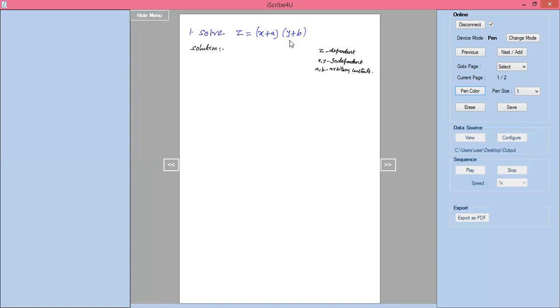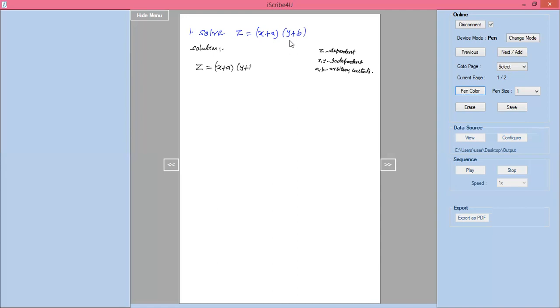If the number of arbitrary constants is 2 and the number of independent variables is also 2, then the PDE is of first order. Now I take the given equation z equal to x plus a into y plus b.